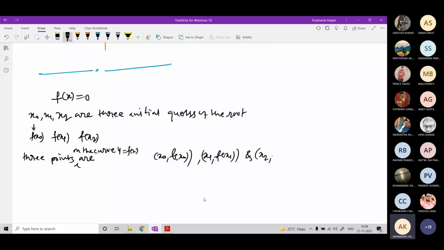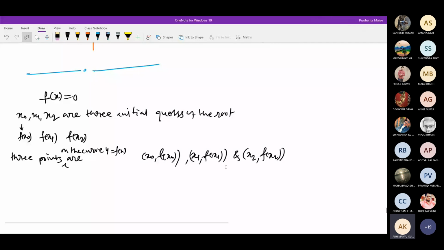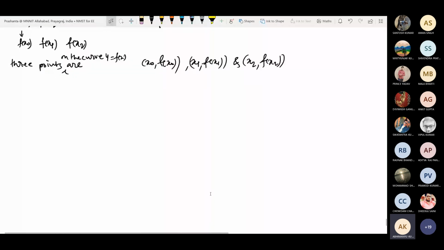Is that clear to you? To make the expression short, I will be representing f of x0, f of x1, f of x2 by y0, y1, y2, or (x0, y0), (x1, y1), (x2, y2). So these are the 3 points you have obtained from the 3 initial guesses of the root x0, x1, x2.